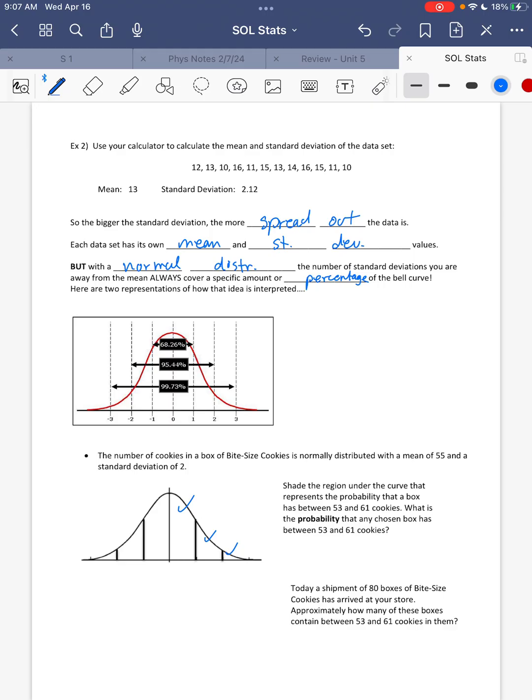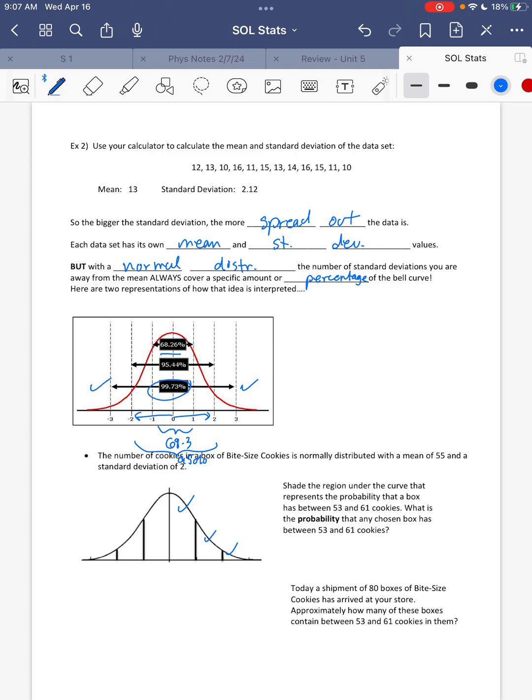You have to be told that in the beginning. This inner part is always going to cover 68.3%. When you go out to 2 standard deviations from the middle, 2 above or 2 below, you're going to have covered 95% of your data. And when you're all the way to 3, you'll have covered 98.73.